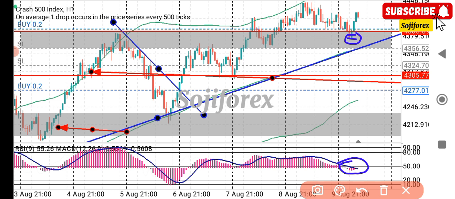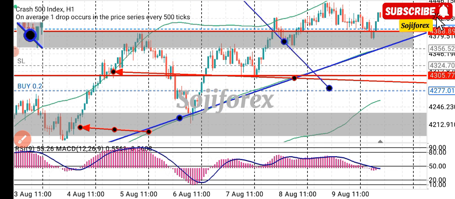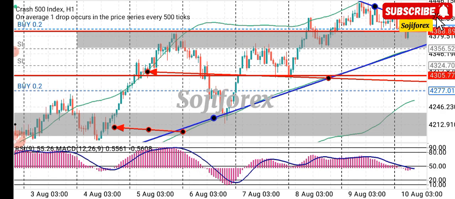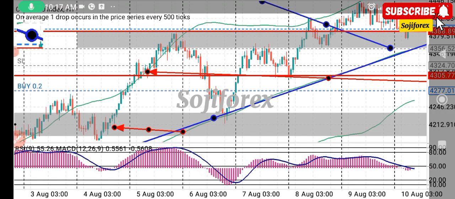MACD is around the level of 50. And you can see this. So these things are very easy for you to combine. Take advantage of this, and you will discover that your trading will change to another level.